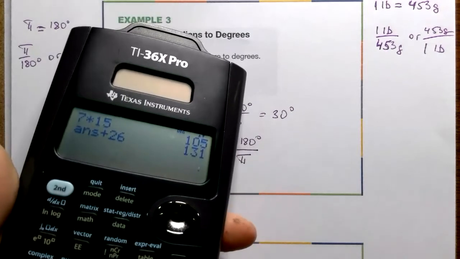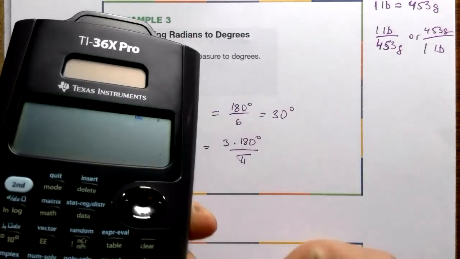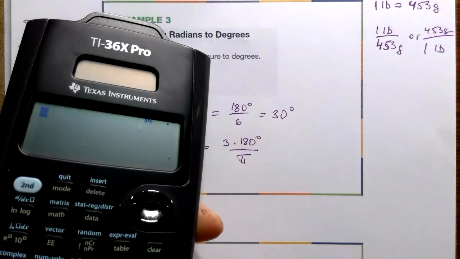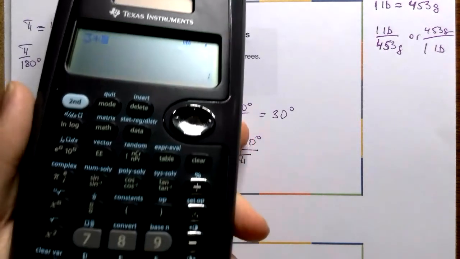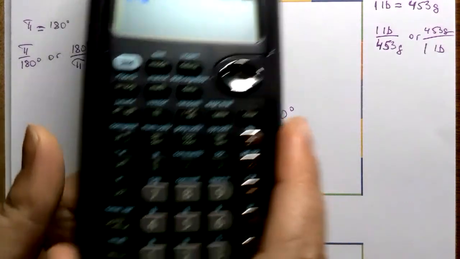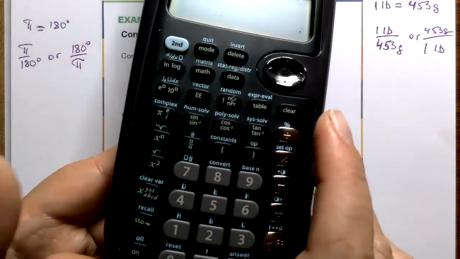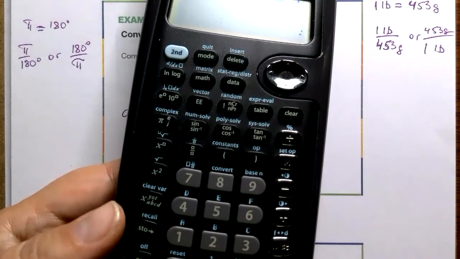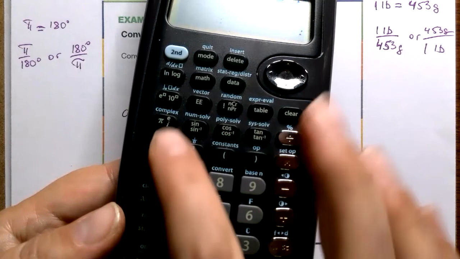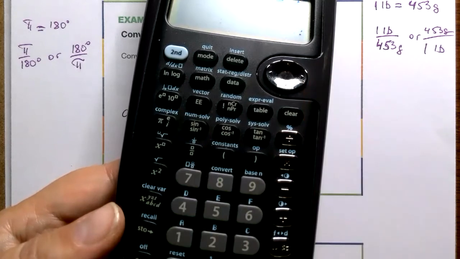So let's figure this out. We have 3 multiplied by 180, divided by pi. Pi is a very famous number, and every scientific calculator has pi on it, so pi is right here.